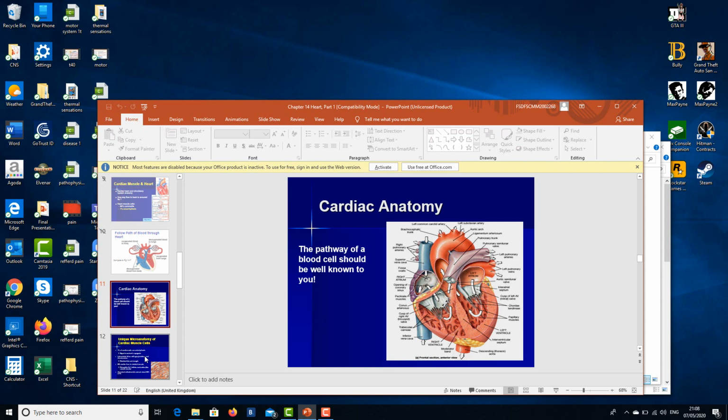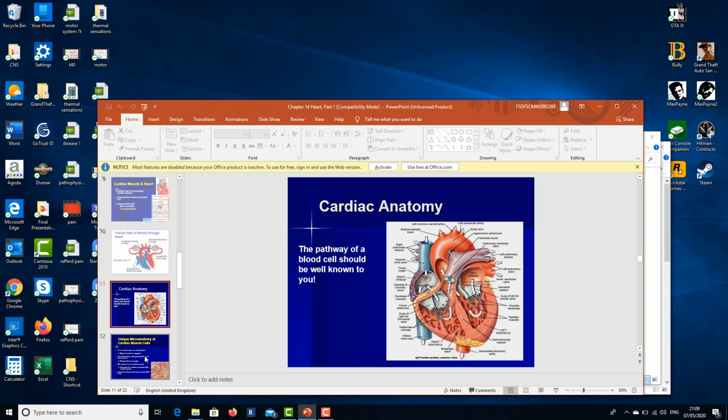And then from here the deoxygenated blood goes via the pulmonary trunk, or you can say the pulmonary artery, to the lungs for oxygenation, and then by the help of the pulmonary veins, the oxygenated blood is given back to the heart, that is to the left atrium.